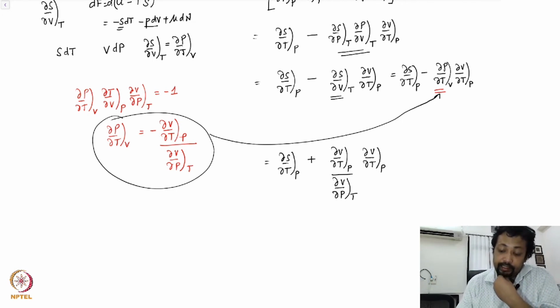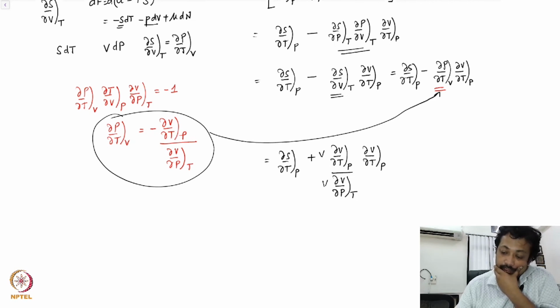It is here that I have to figure out something. What I do here is multiply this by volume and divide by volume, so now I multiply by V squared here.